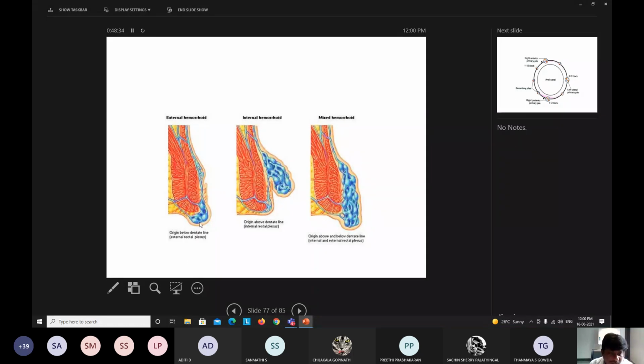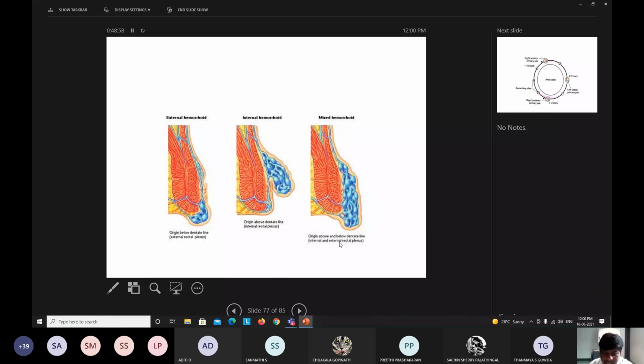The external hemorrhoid originates below the dentate line. Here the internal hemorrhoid originates above the dentate line. And this is a mixed hemorrhoid, originating both above and below the dentate line, occupying the complete region.